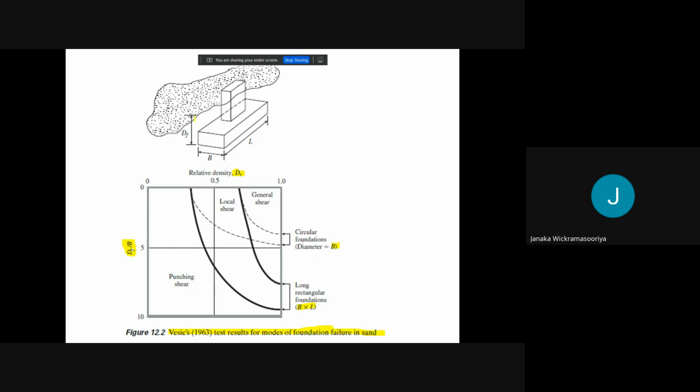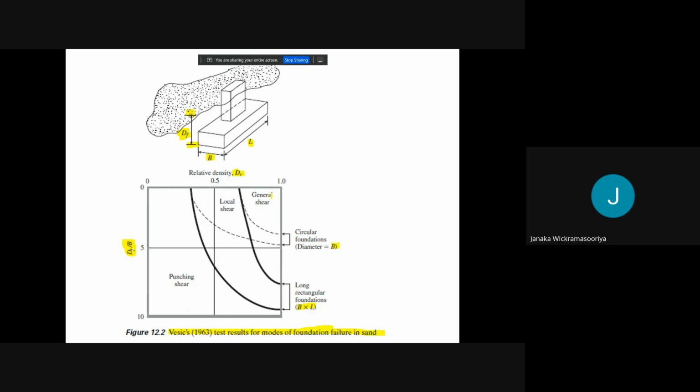Here dF is the depth of the foundation, B is the width of the foundation, and L is the length. dF is the depth to the bottom of the foundation from the ground surface. Based on them, you can find the modes of failure.